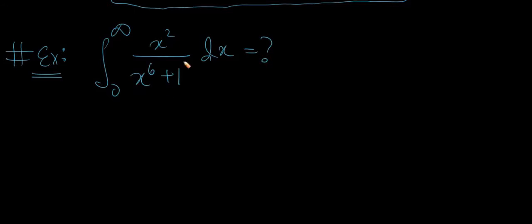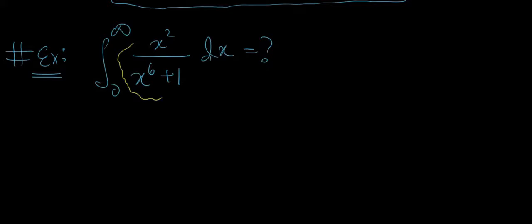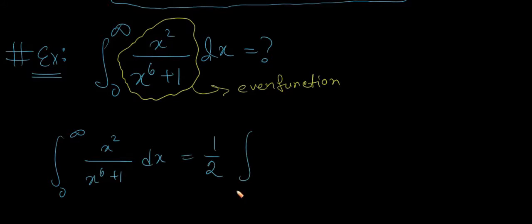Again, you can see that the function over here is an even function, because if you replace x with minus x, nothing changes, right? So since this is an even function, we're going to write the integral from 0 to infinity of x squared over x to the power 6 plus 1 dx equals 1/2 of the integral that ranges from minus infinity to plus infinity of x squared over x to the power 6 plus 1 dx.